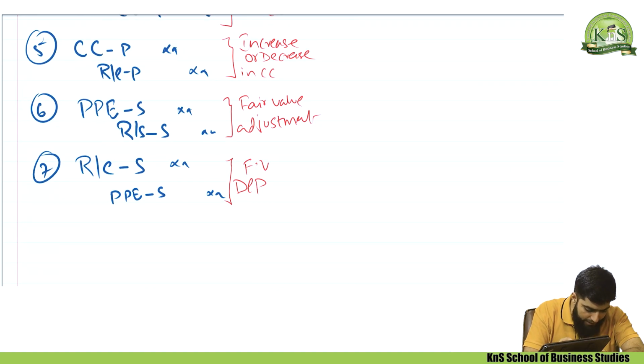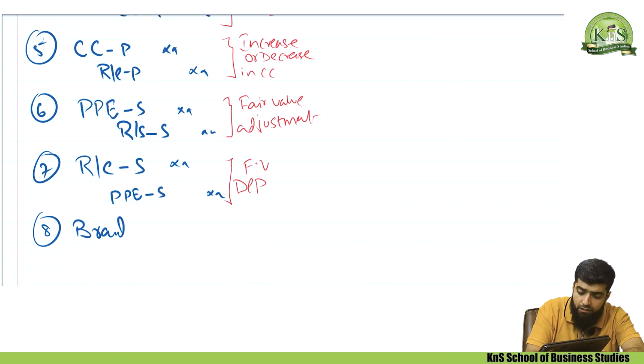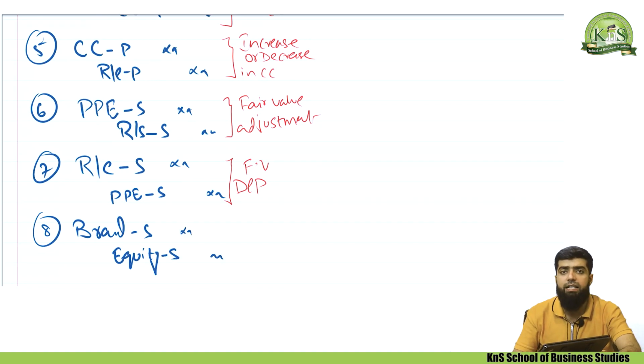Okay, another adjustment that needs to be accounted for is the internally generated intangible. For that, the adjustment will be made: brand will be debited and equity will be credited in the books of S company.